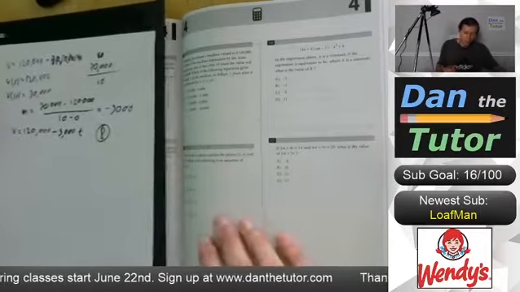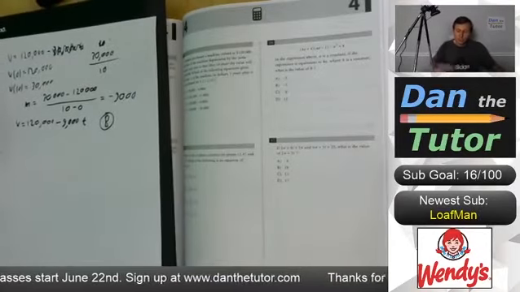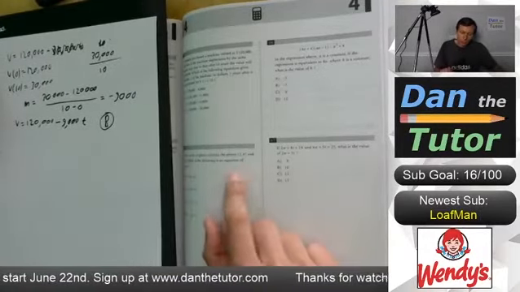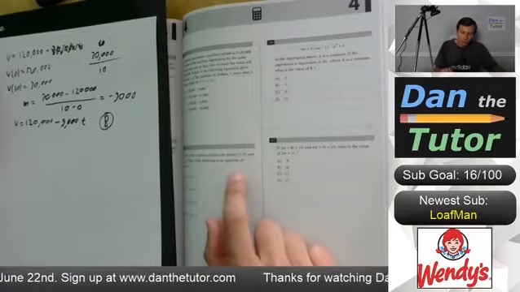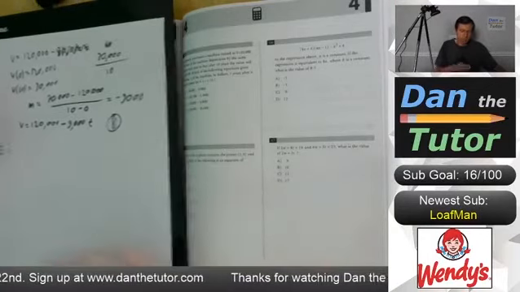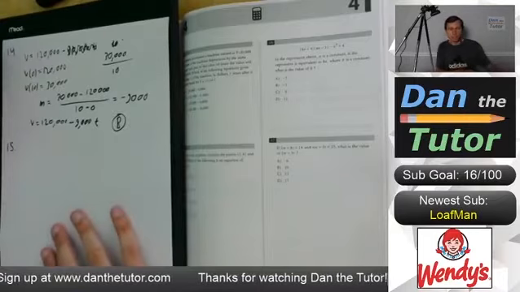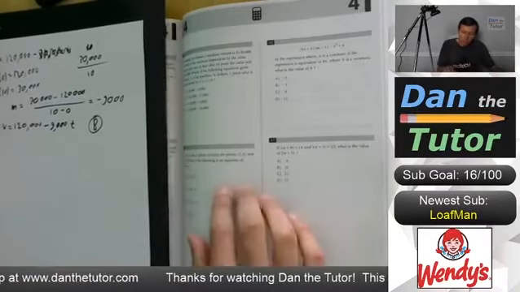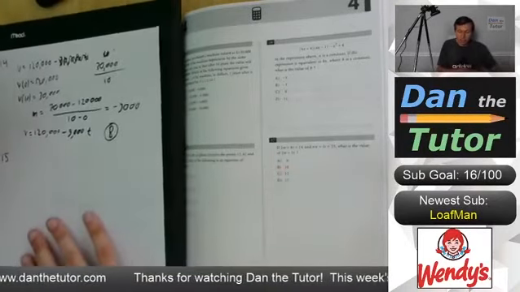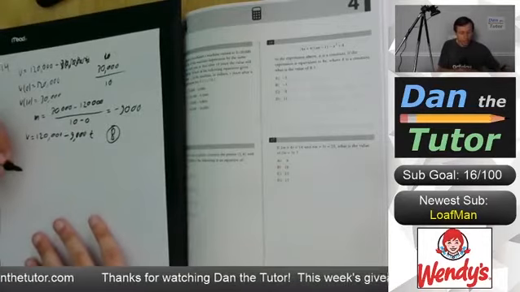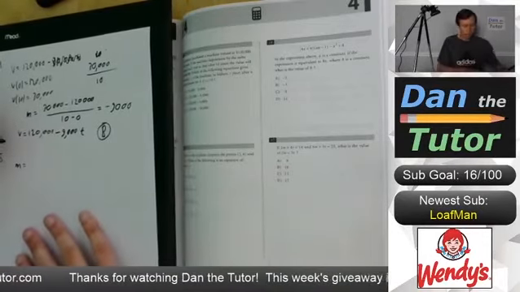Okay, now we're on to problem 15. Line M in the xy plane contains the points 2, 4, and 0, 1. Which of the following is an equation of the line M? So another very similar problem to the last one, but they just ask it in a different way. They give us 2 points, and we need to find the equation of the line. So if we have 2 points, we can again find the slope.